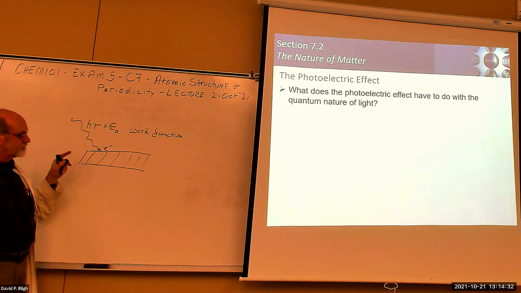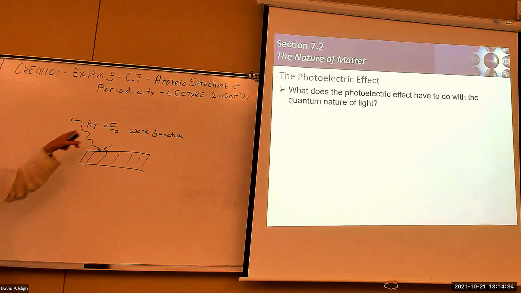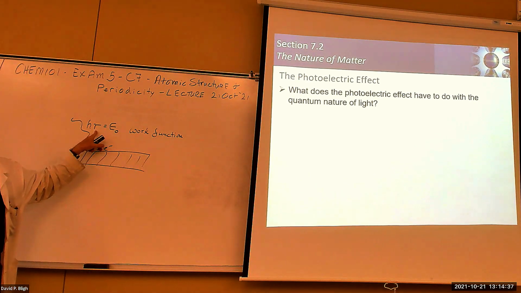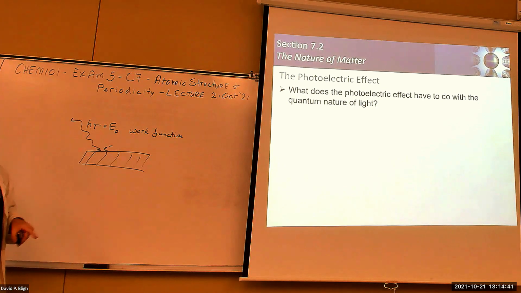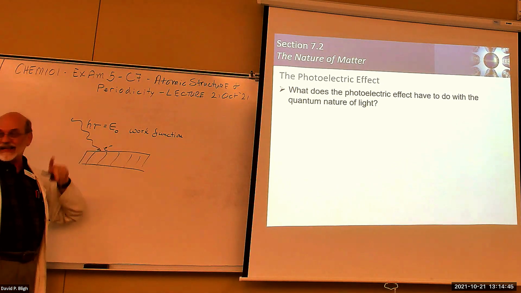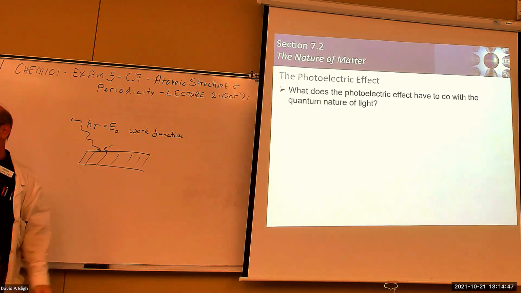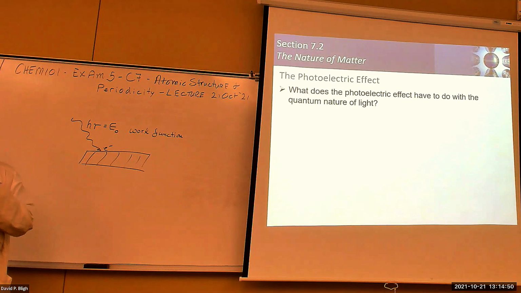If we increase the frequency or shorten the wavelength, we increase the amount of energy available. But it only needs this much energy to get loose. So where does the rest of the energy go? It's translated into kinetic energy.